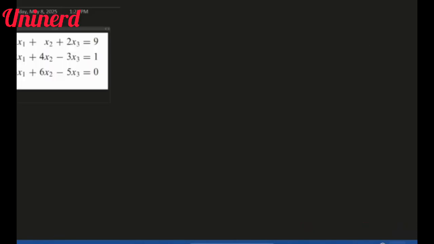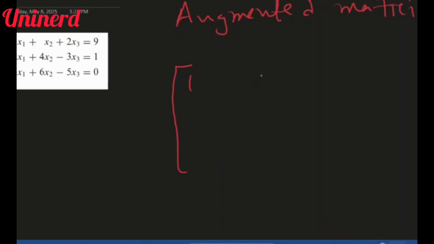Okay. So we can also have a system represented by matrices. How is that possible? This is very interesting. Look at this. This is called an augmented matrix. We have a system which has three equations and three unknowns, x1, x2, and x3. We can represent this system as a matrix like this: 1, 1, 2, 2, 4, -3, and 9 and 1, and 3, 6, -5, and 0.